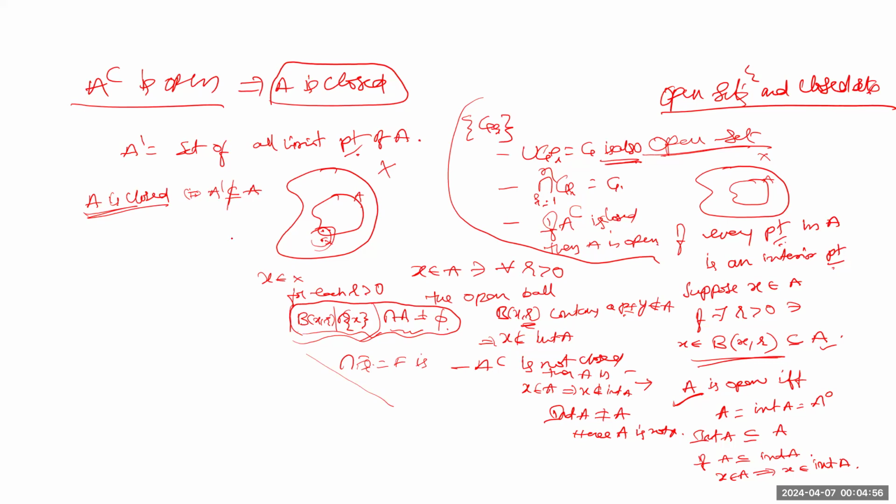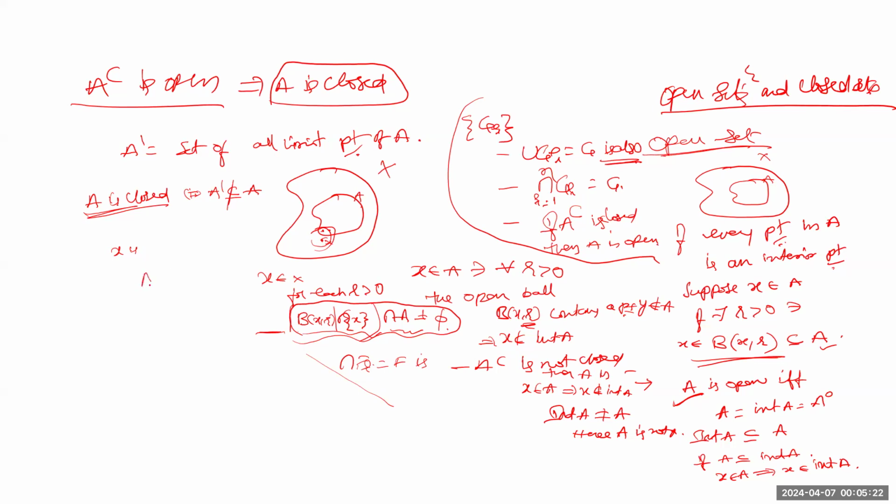And also from this definition, sometimes X is a limit point of A, but X does not belong to A. In such a case, we can say that set is not closed.